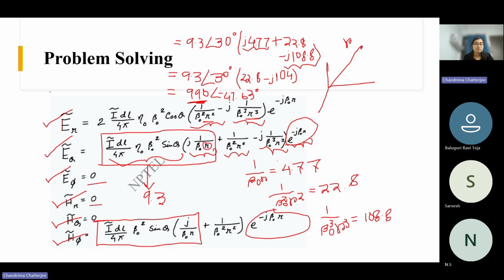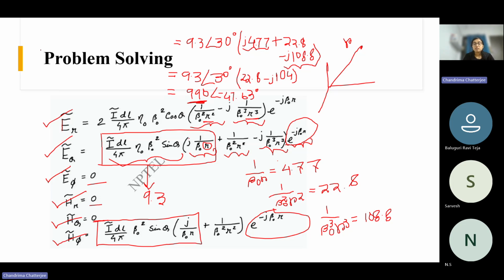So 0.1. So this is minus 12 degree. If you just simplify beta naught r and convert it to degree, it is coming 12 degree.